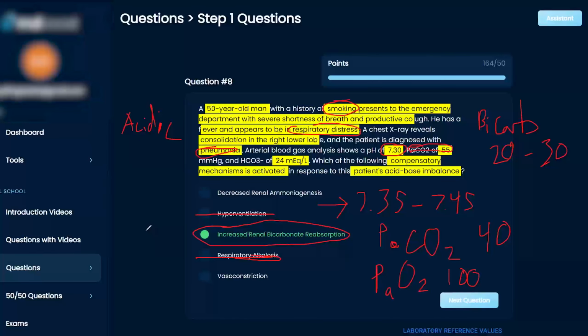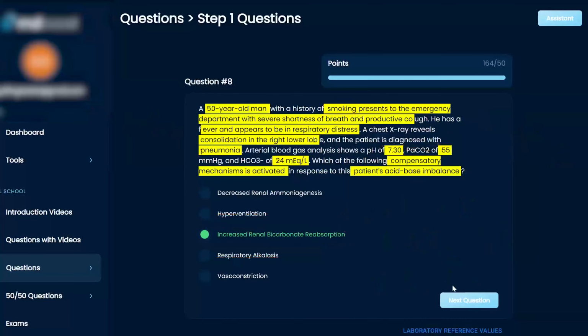Yeah, I said a lot of "could." Exactly. You want to keep it straight to the point: it's respiratory acidosis, so the only way you can compensate is metabolic. Perfect. Let's go to the next one.